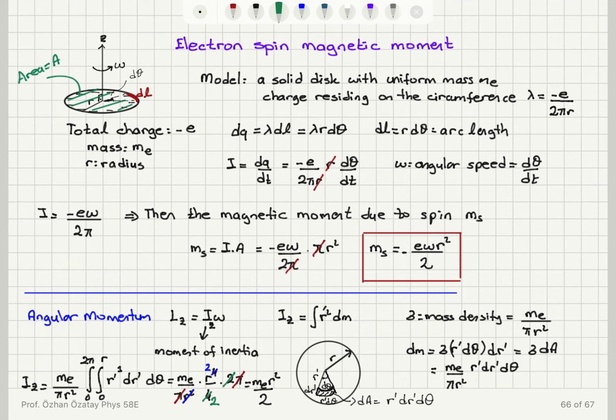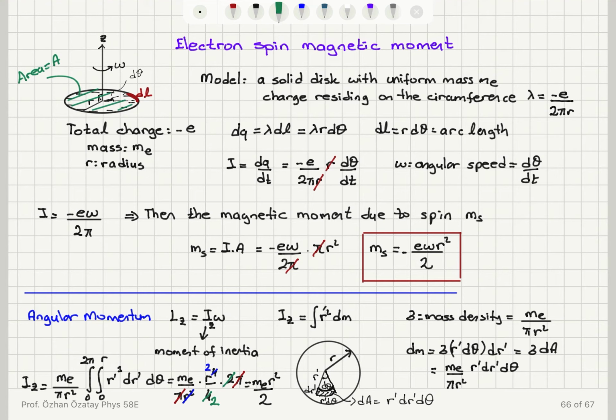We are looking at a classical model of an electron, where we think of the electron as a solid disk with uniform mass distribution but non-uniform charge distribution, in the sense that charge is uniformly distributed around the circumference, not through the area. We have a linear charge density minus e over 2 pi r.